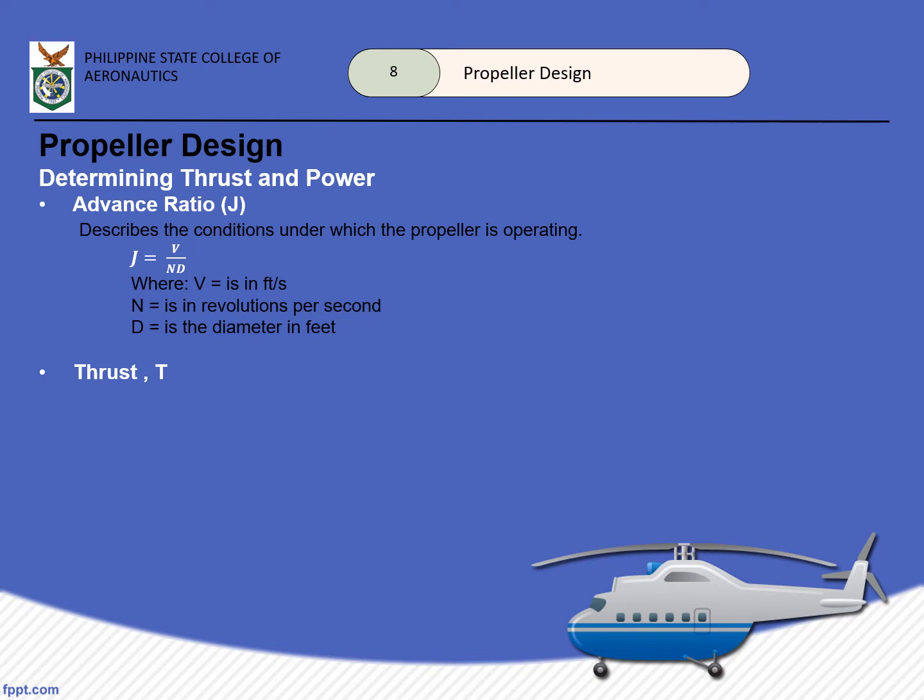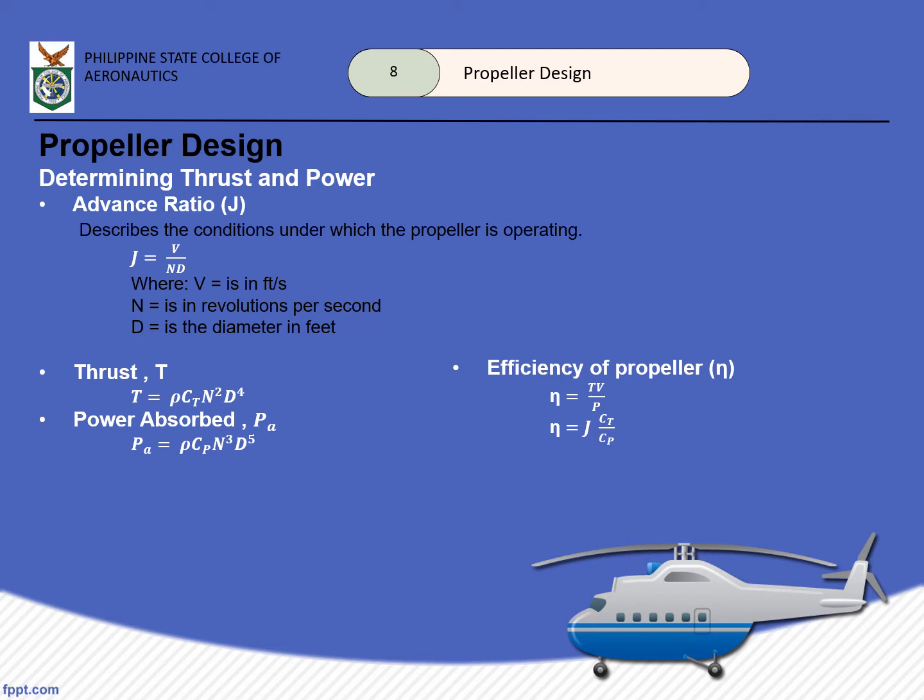and to get the thrust, which is represented by T, we have this formula. And power absorbed naman, we have this. And for the efficiency, this one. So you can have it either in terms of TV over P or in terms of advance ratio.